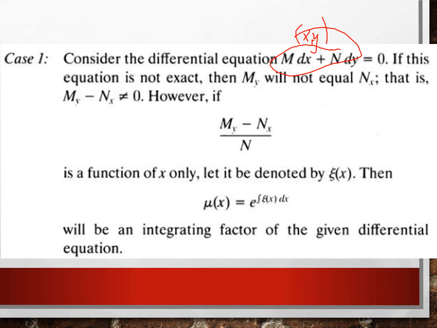If this equation is not exact, then the partial derivative of M with respect to y will not be equal to the partial derivative of N with respect to x. So that is, M sub y minus N sub x is not equal to 0.